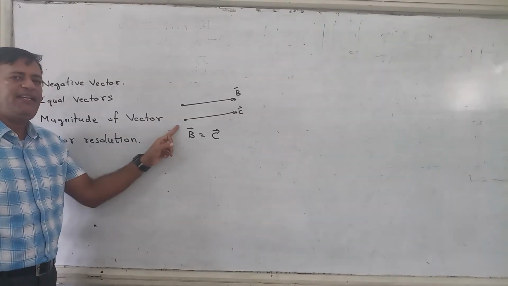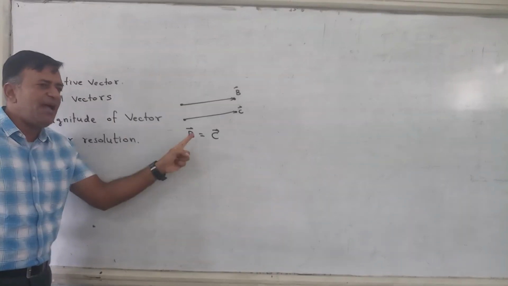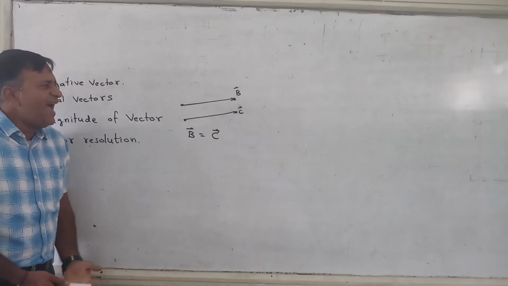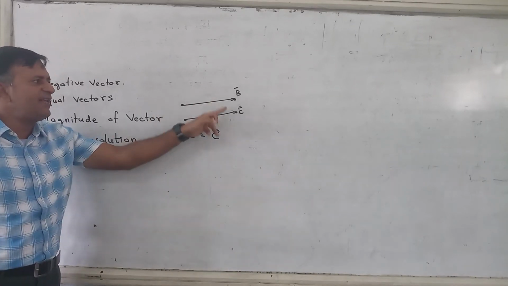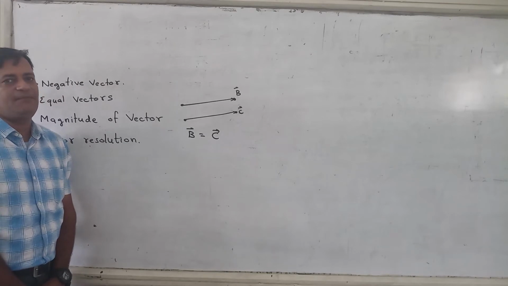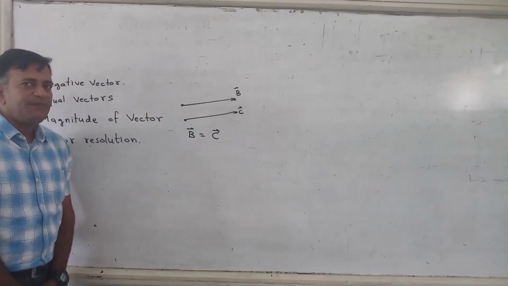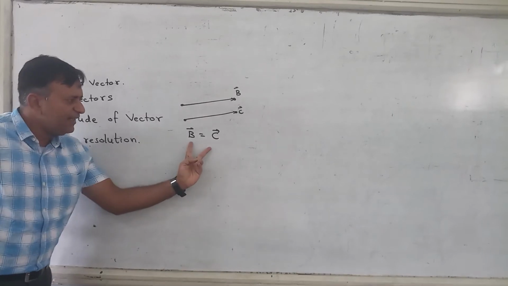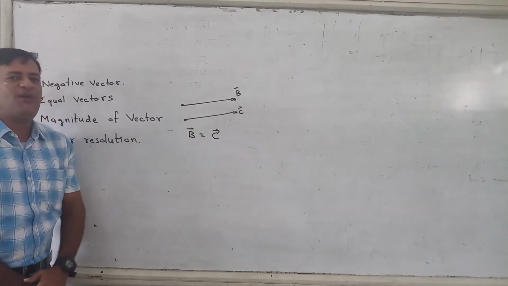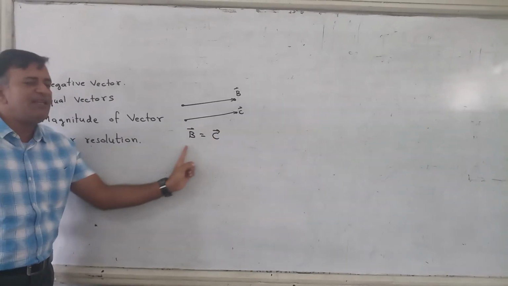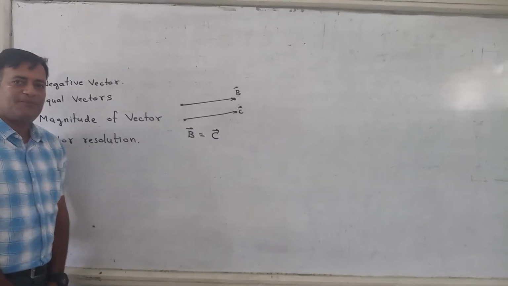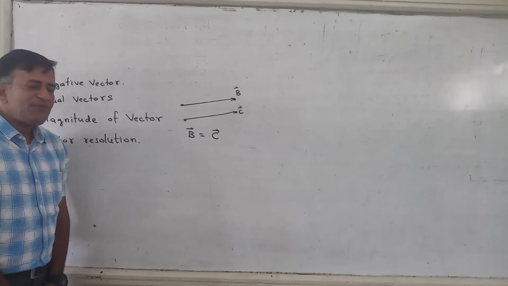Two vectors are equal if they have the same magnitude and the same direction, but they may have different initial points and different final points. It makes no difference. Did you get that? Even though two vectors may have different initial points and different final points, they will still be considered as equal vectors. Got it?